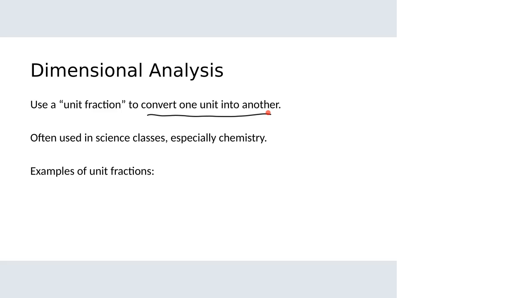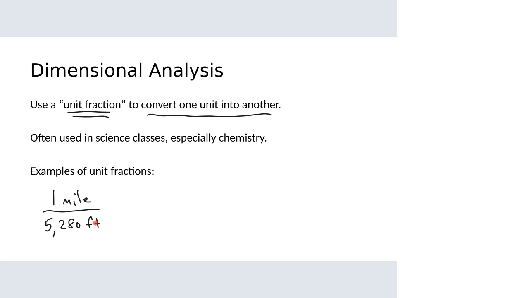And essentially what we're going to do here is we're going to use something called a unit fraction or several unit fractions to help us convert from one unit into another. Here's some examples of unit fractions. Basically, what we do when we set up a unit fraction is there's a 1 involved, one single unit, like that 1 mile, and 1 mile is the same thing as 5,280 feet.